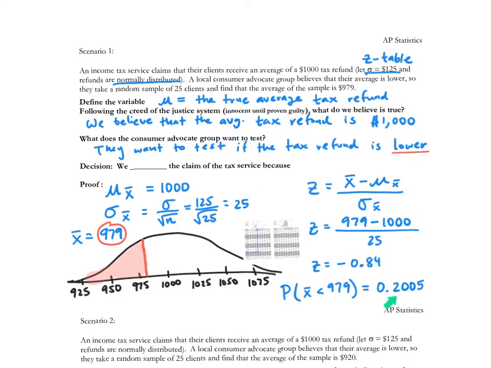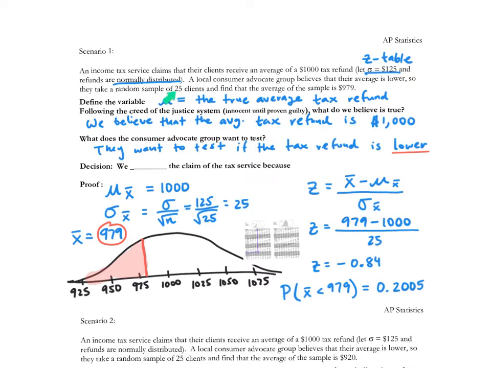Now, the question is, is 20% very likely or unlikely? How far was 979 from the mean? Was it exceedingly far, like 3 steps away, or no farther than 1 step away, right? So this is what we're looking at now in this topic: is our result significant or not?